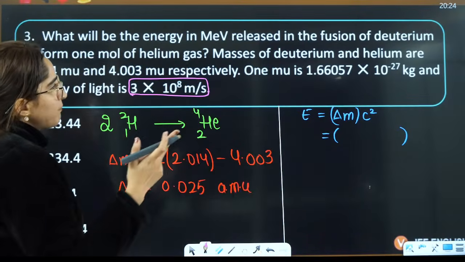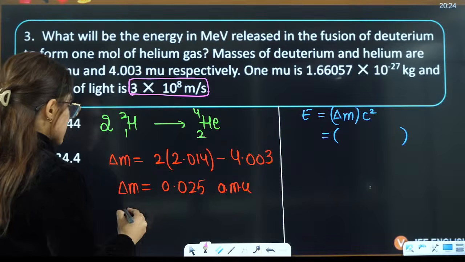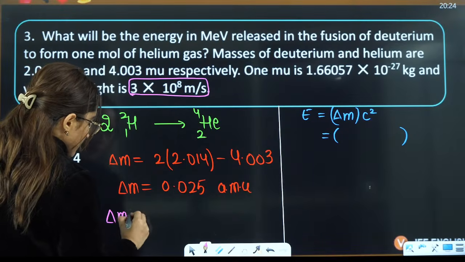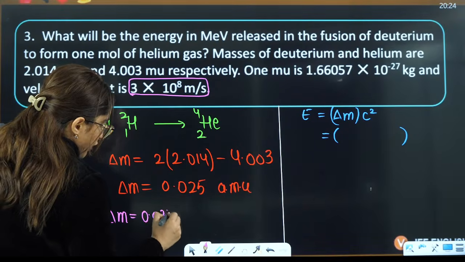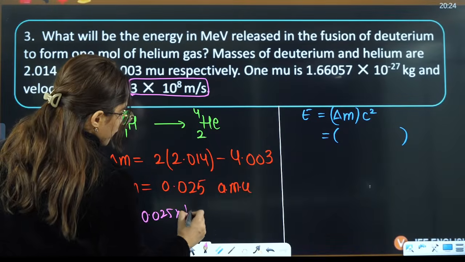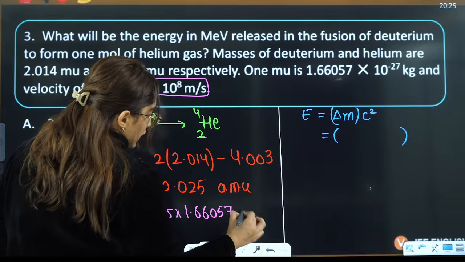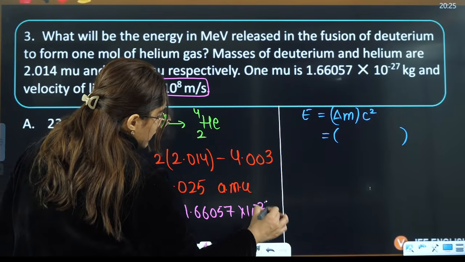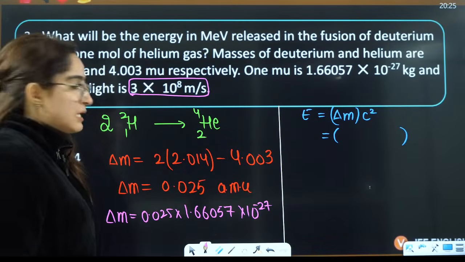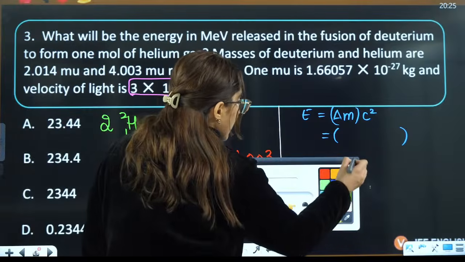And 1 amu is 1.66 into 10 to the power minus 27 kg. So you can say delta M is equal to 0.025 multiplied by 1.66057 into 10 raised to power minus 27. That is going to be the answer here.